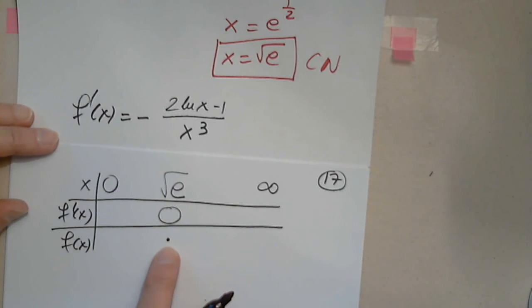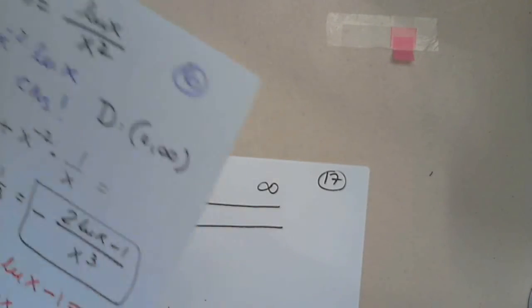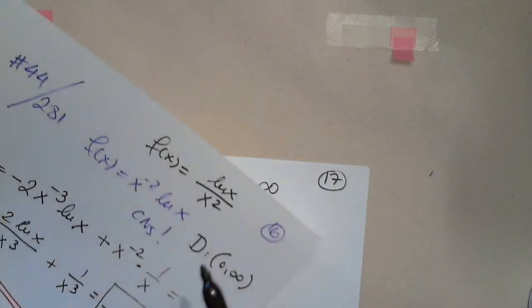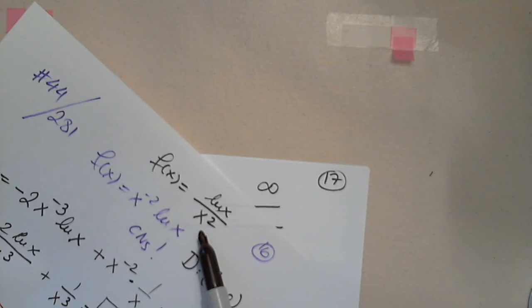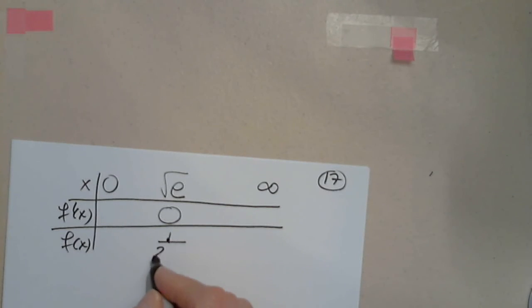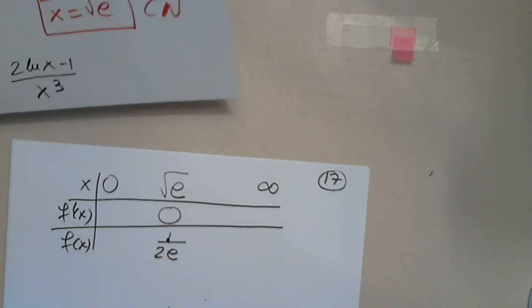And I need to determine this value here. So natural log x is 1/2, so the top is 1/2, and the denominator is e. So this is 1 over 2e.